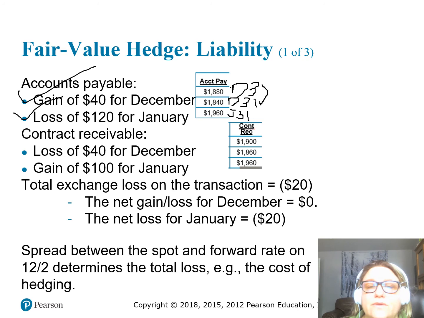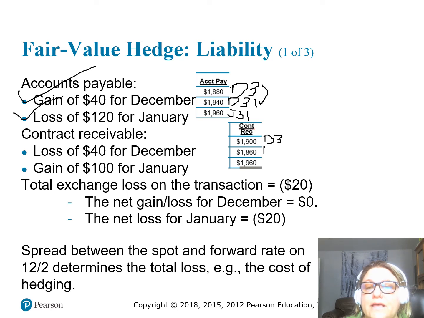Okay, so now let's go the opposite direction and do our contract receivable. The first one is 1900, and I'm not going to put these down here, just know that these are December 3rd, D31, and January 31st. I guess I could just throw it in real quick just to keep the explanation nice and tight.